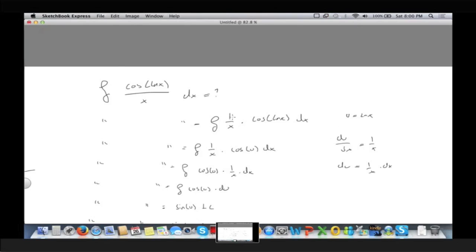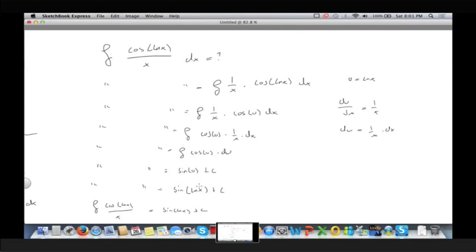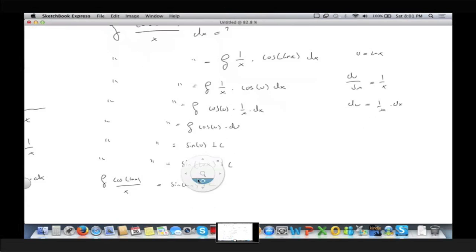So the derivative is 1 over x, and we rewrote it so x is on one side, and then we found a term we could sub in for 1 over x dx. We took the antiderivative with respect to u, sine of u plus c, we plug u back into sine of u, that's what we get.